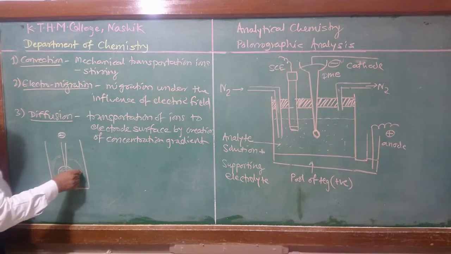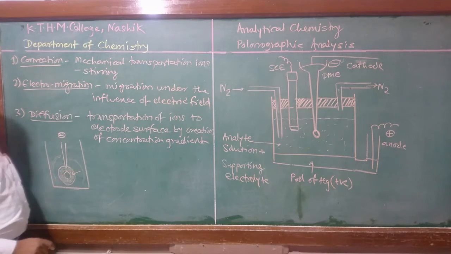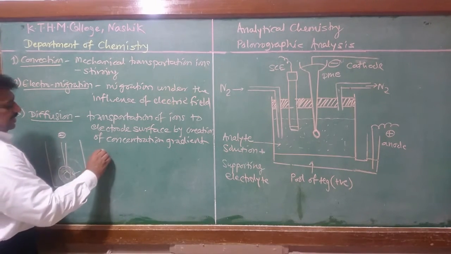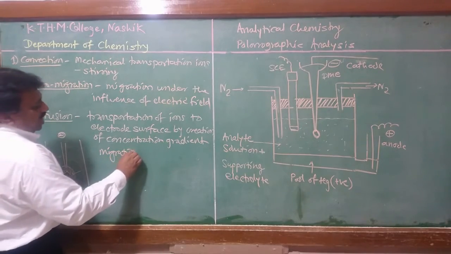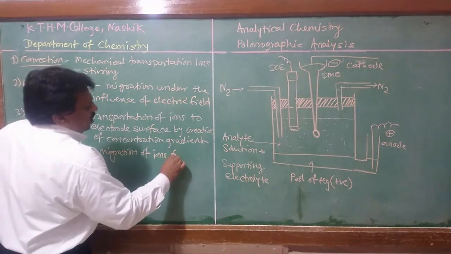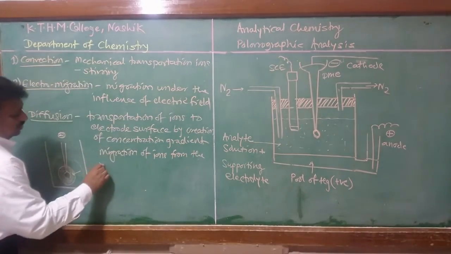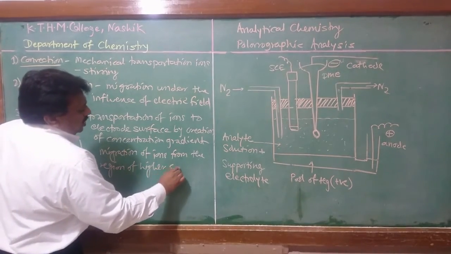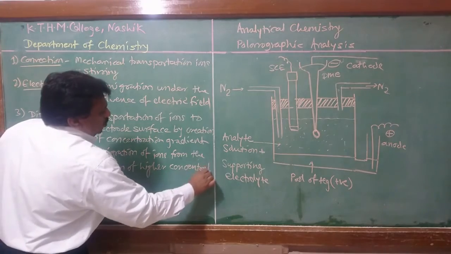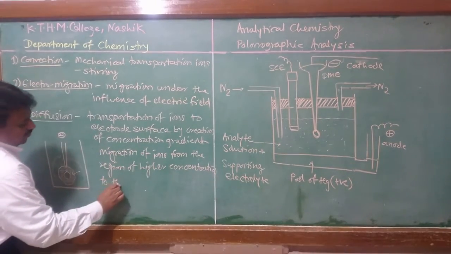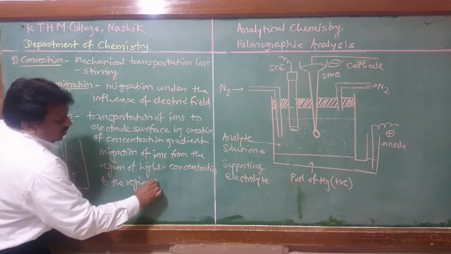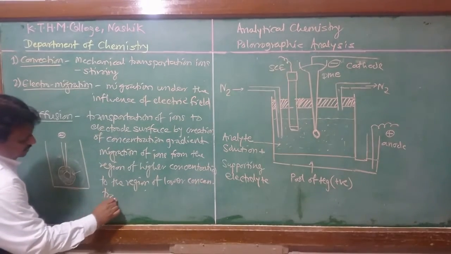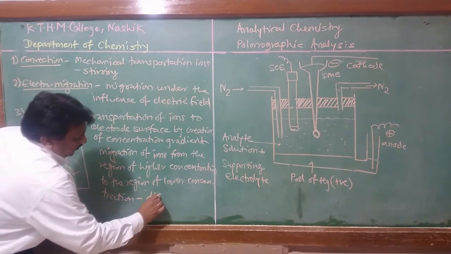When ions migrate from the region of higher concentration to the region of lower concentration, that process is called diffusion.